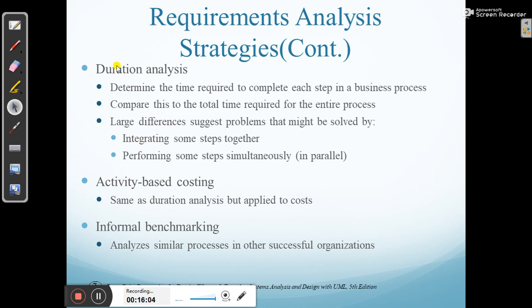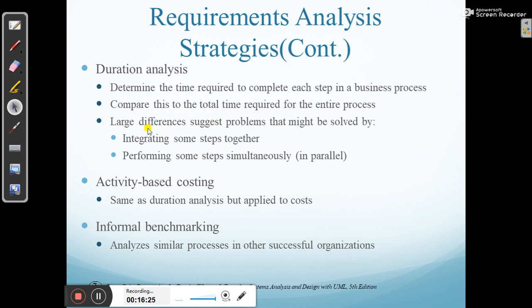So in that way, you need to find out the duration of your analysis. Determine the time required to complete each step in a business process. Compare this to the total time required for the entire process. We have to compare this. Large differences suggest problems that might be solved by integrating some steps together.